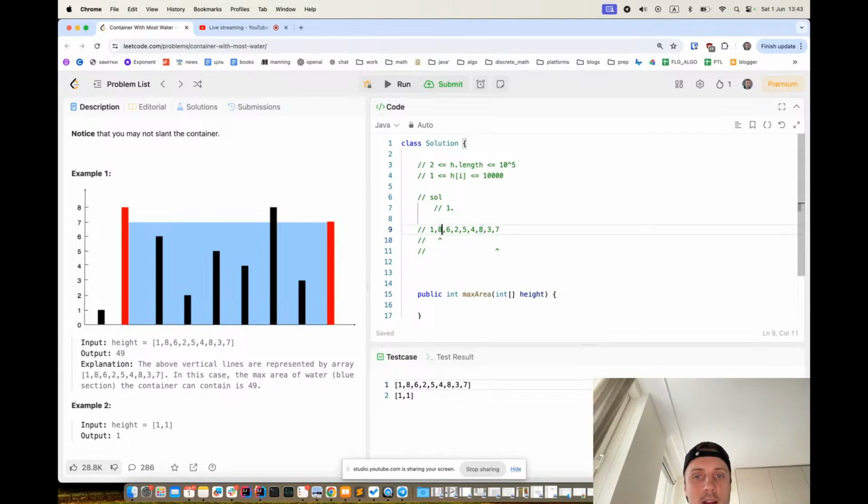So here we have 8, right? So we again calculate, and then we move this pointer, calculate, and here we have 2 pointers that are the same. If I move, for example, this pointer, it would be 6, right? And if I move this pointer, it would be less water. But again, these 8 are bigger.